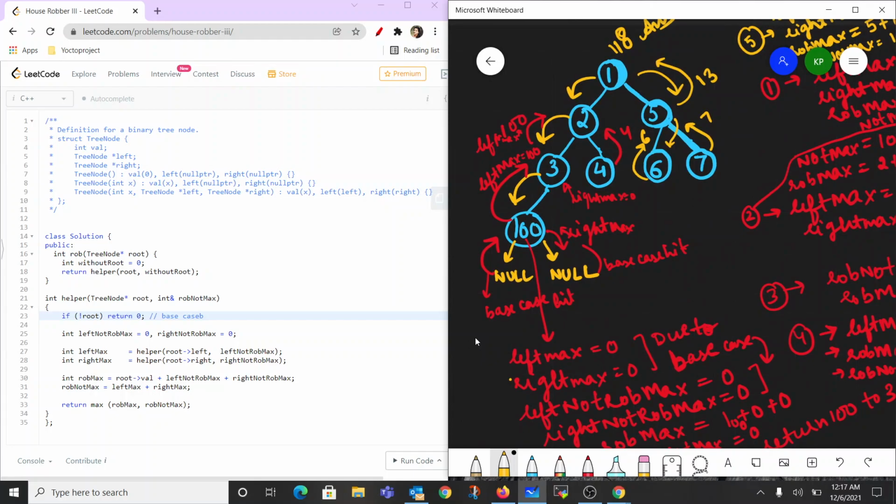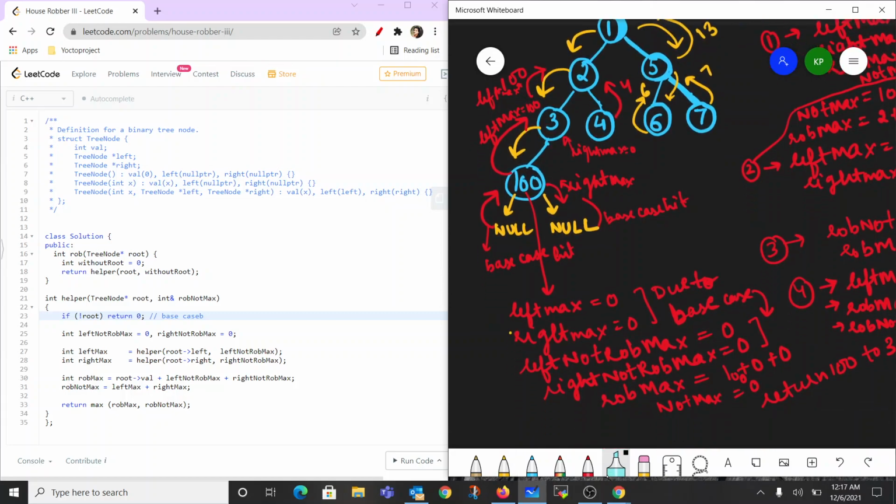The code was simply like this: we have 1, then 2, then 3, then 100, right? So it will go here, then here, then here, and then it will reach 100. When it reaches 100, it will hit the base case, that is when it reaches null.